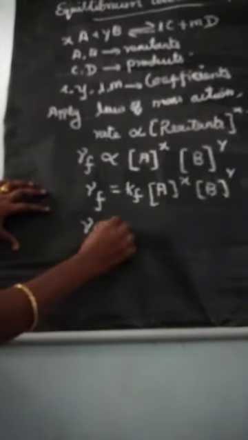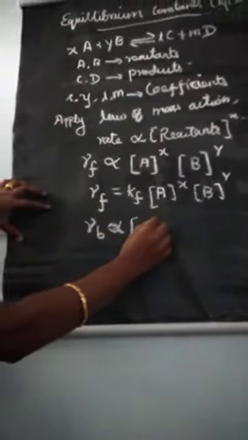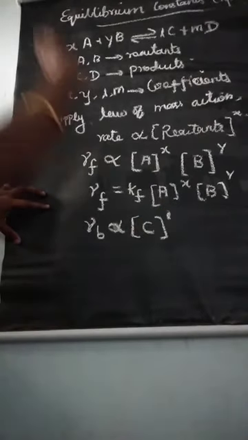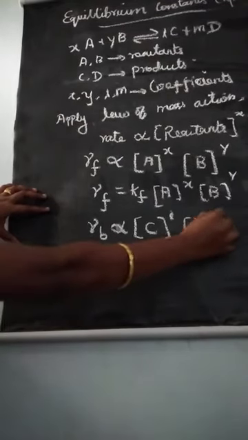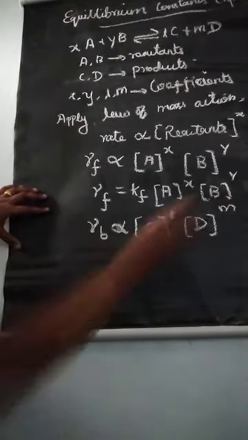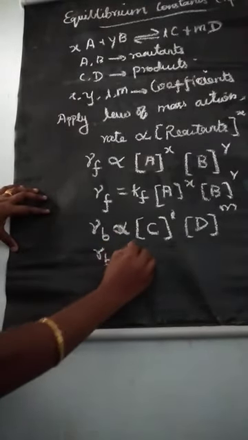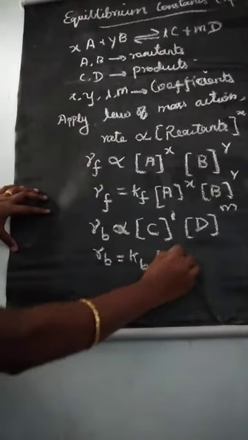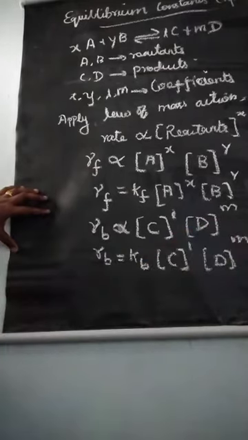Backward reaction means C and D are the reactants. So first write proportional to active mass of C power l into active mass of D power m. Replacing the proportional term, Rb is equal to Kb into active mass of C power l into active mass of D power m. Understand?